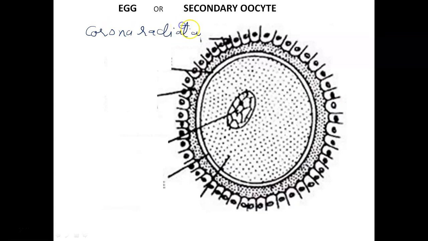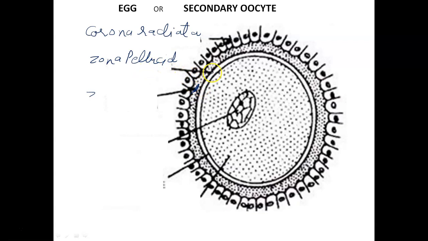Inner to that layer is the zona pellucida. When the secondary oocyte is released from the Graafian follicle, the corona radiata and zona pellucida layers are also expelled out.